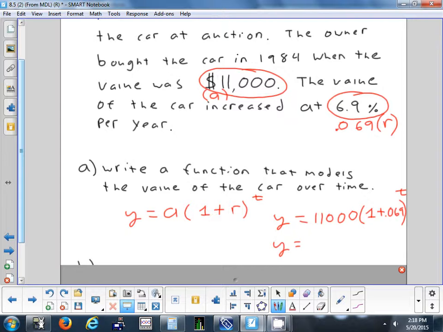Okay. What do you get if you add 1 plus 0.069? Yeah, just 1.069.